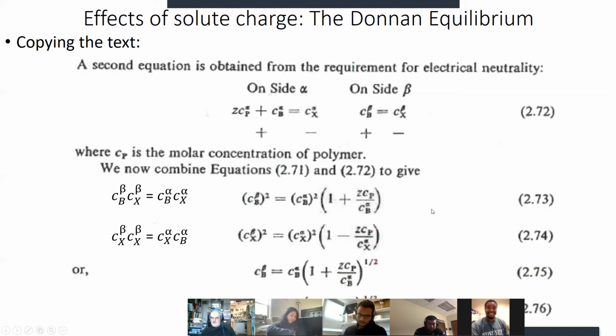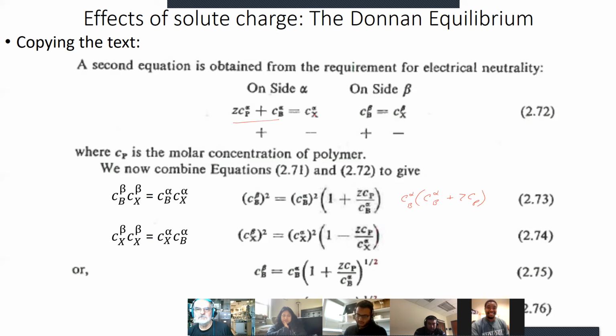And if you multiply that through, this was CB alpha times CB alpha plus ZCP. That's what's here.